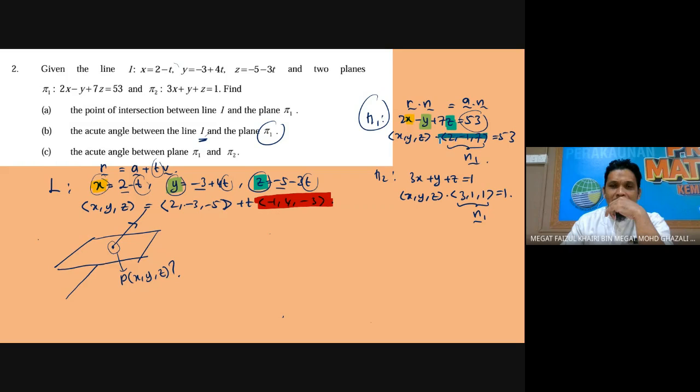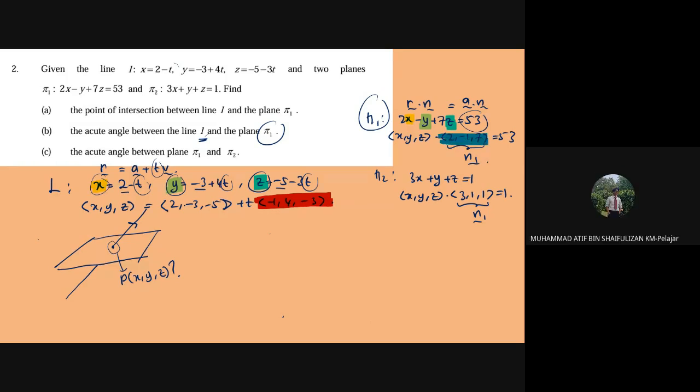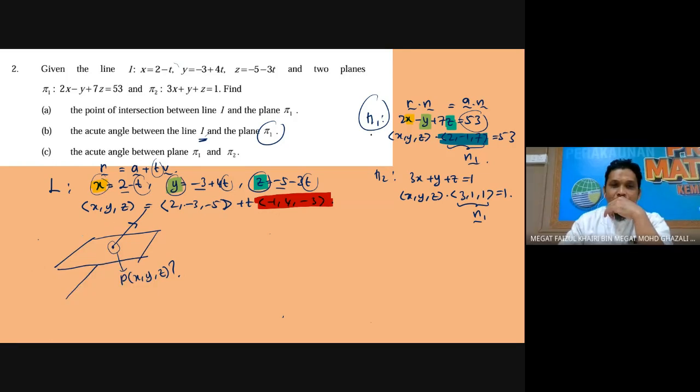We look at the normal. Okay, because the equation of plane pi 1 is r dot n, so our reference here now is n, the normal. So this is the normal of the plane, and this is the surface of the plane.